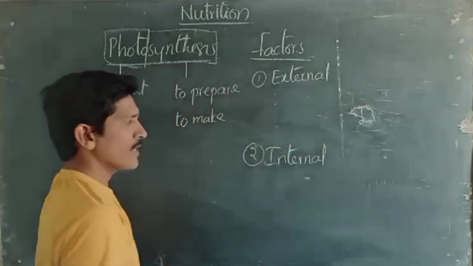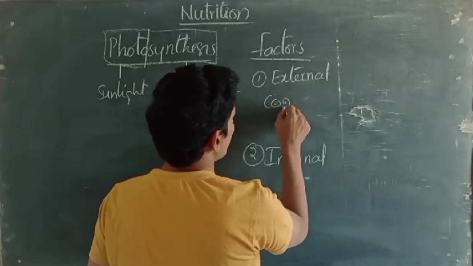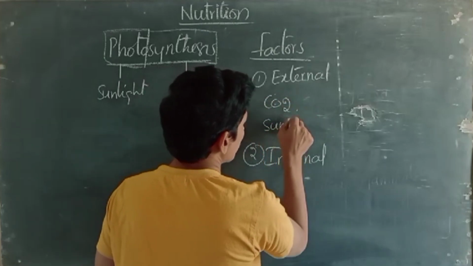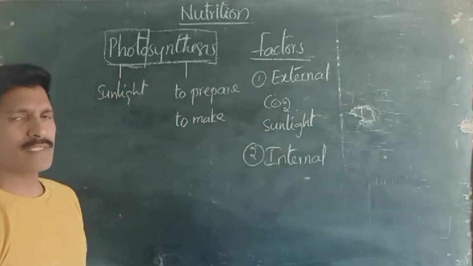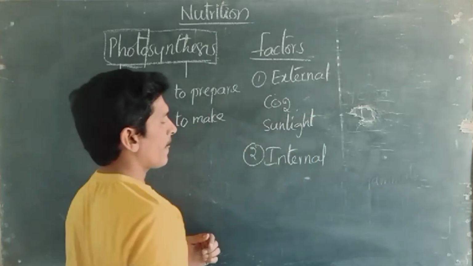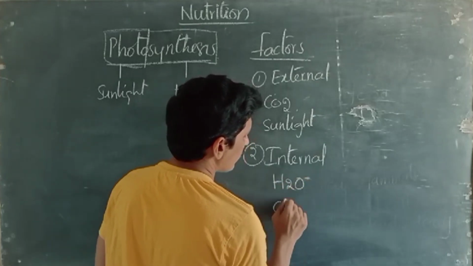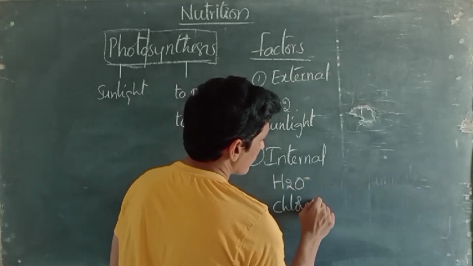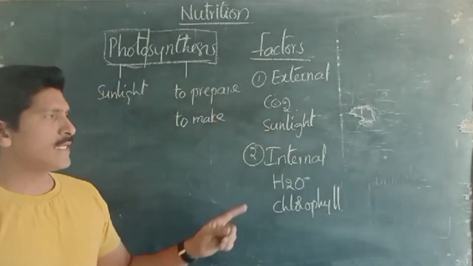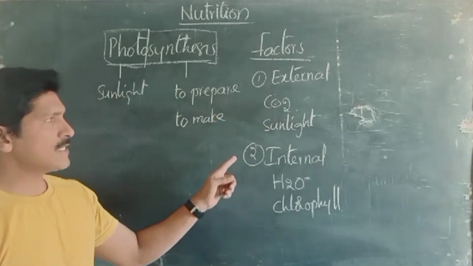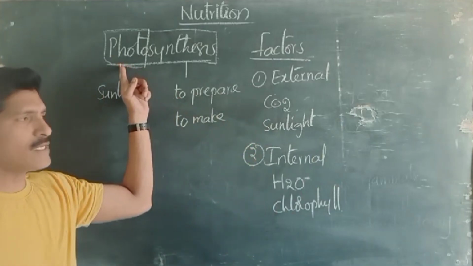Carbon dioxide and sunlight come under external factors, whereas water and chlorophyll come under internal factors. Plants require these four factors for performing photosynthesis, right?